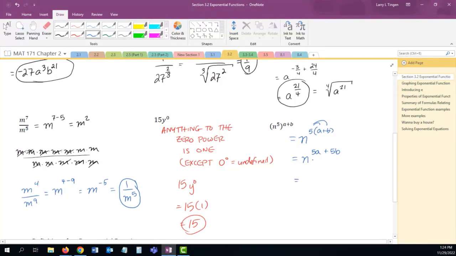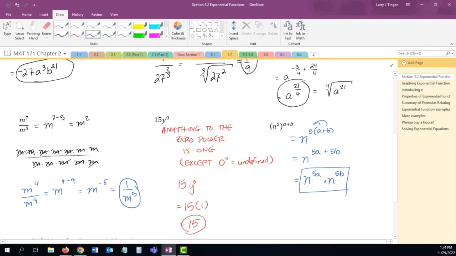Or if you want to take it another step, I have addition in the powers, which means this could be rewritten as multiplication with the same base. All right, I want you to be able to do this backwards and forwards. I want you to be able to do powers raised to powers. When I have the same base multiplied, you add the powers, or same base divided, subtract, and then it goes the other direction.